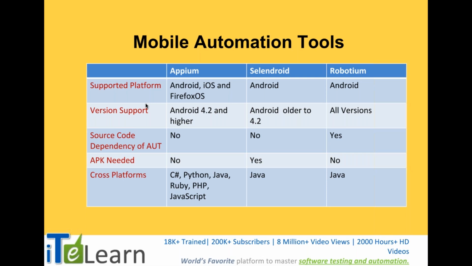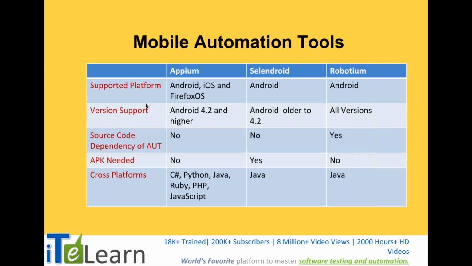Later, as Appium started evolving, it started supporting not only the Android platforms but also iOS as well as Firefox OS. So on this criterion, Appium wins the deal over the other frameworks that were old in the market.